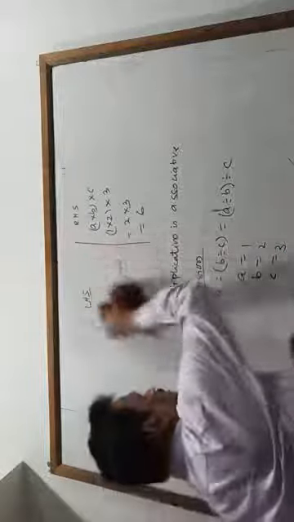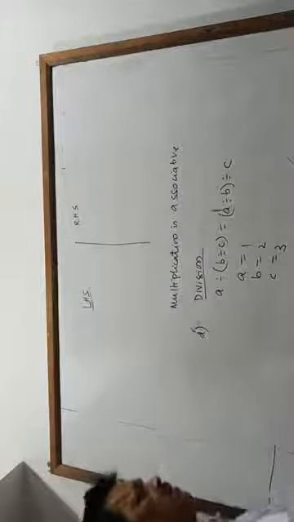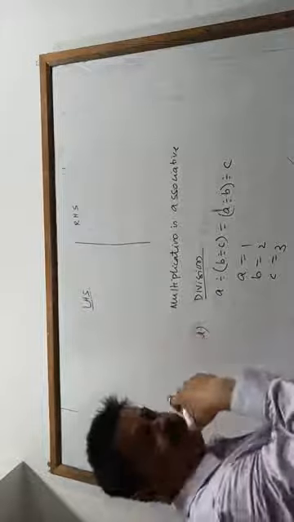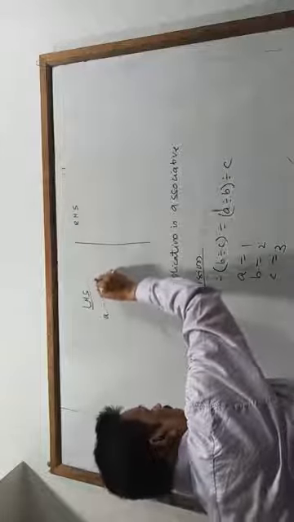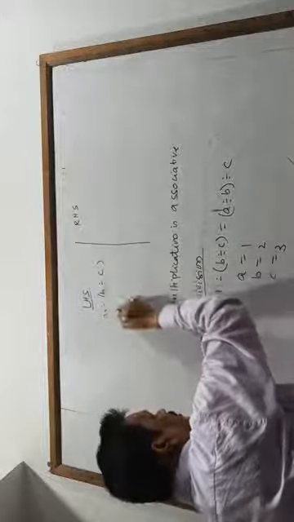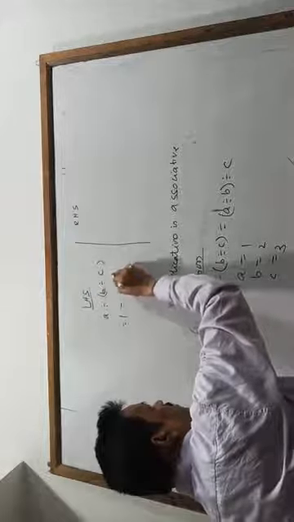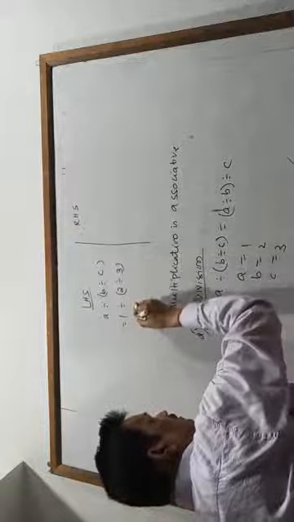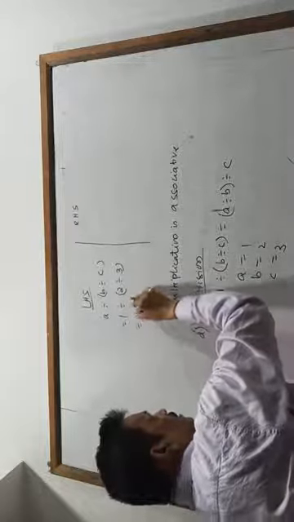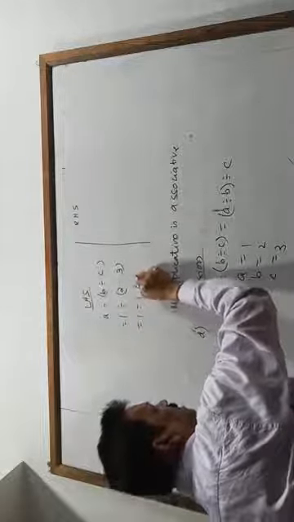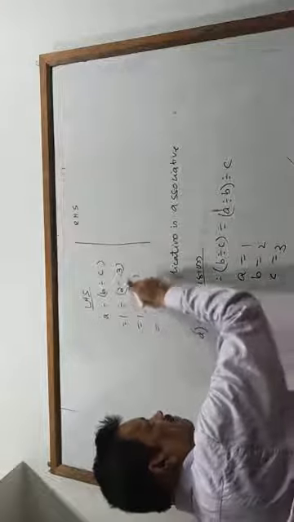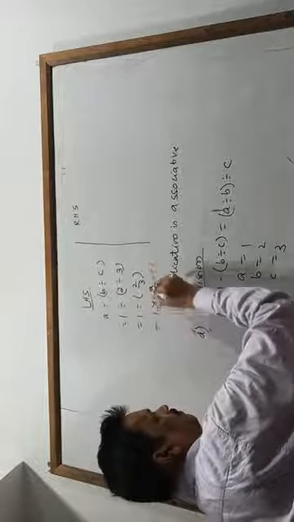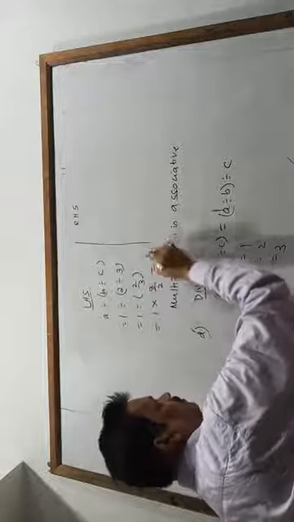Okay, left hand side: A divided by B divided by C. 1 divided by 2 divided by 3. 1 divided by, this is 2 by 3. Fraction. So when you multiply, this will be the reciprocal, 3 by 2.